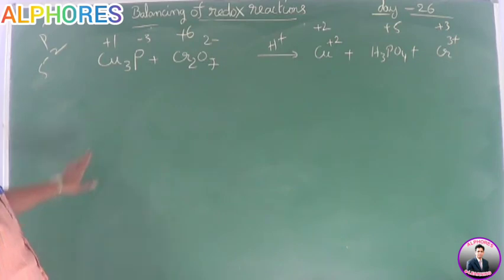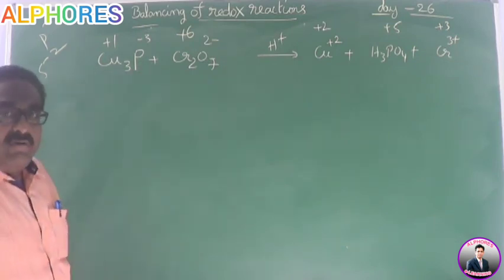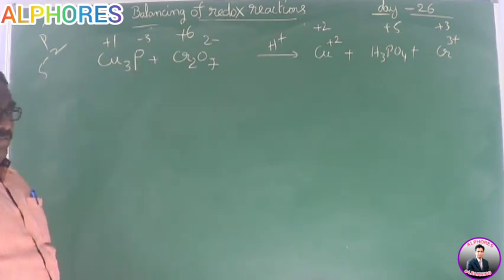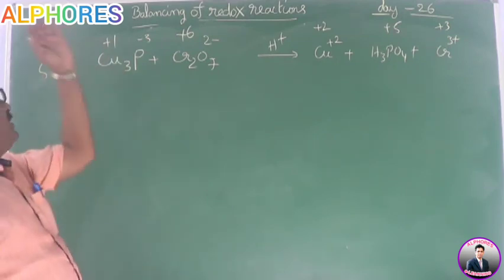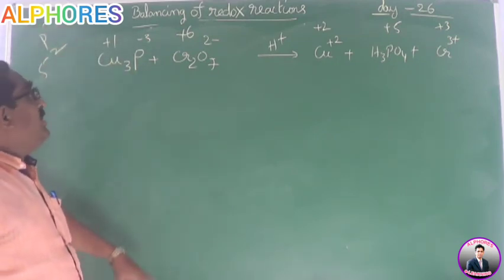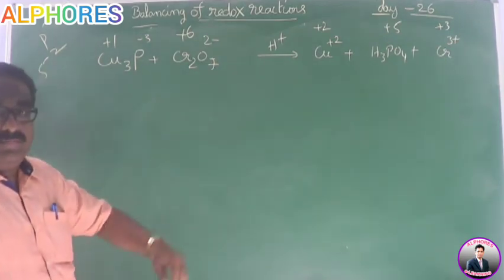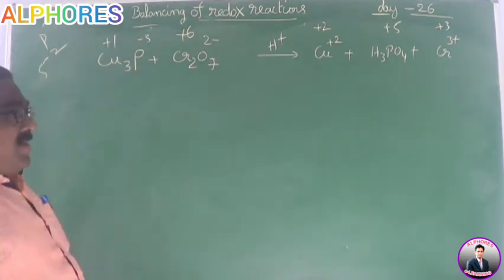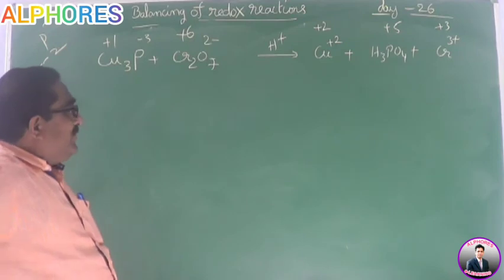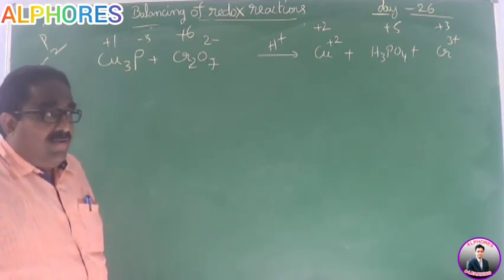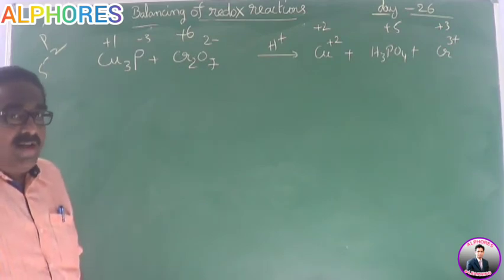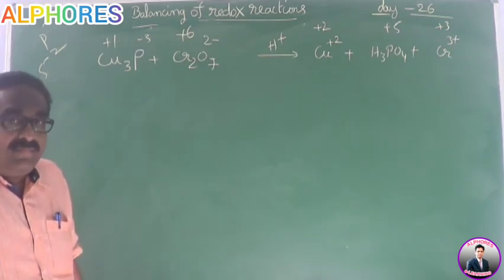Here in this particular compound, both the elements are undergoing oxidation. Copper is changing from plus 1 to plus 2. Phosphorus is also changing from minus 3 to plus 5. Immediately you get a doubt here. Sir, in the previous question also, we had both the elements undergoing oxidation.